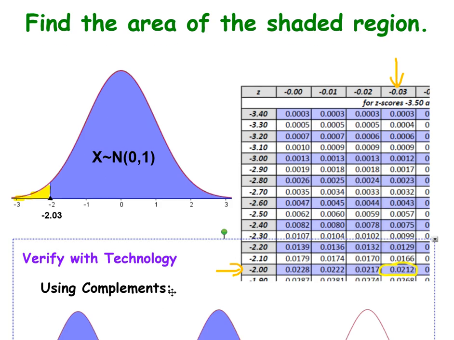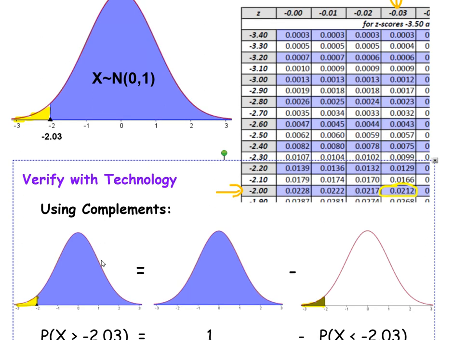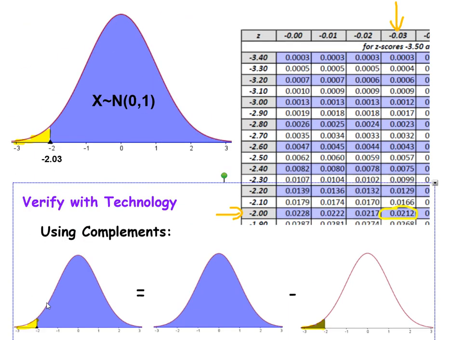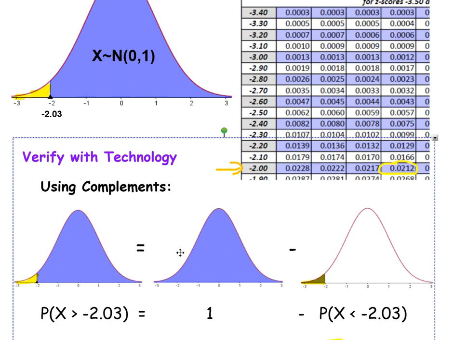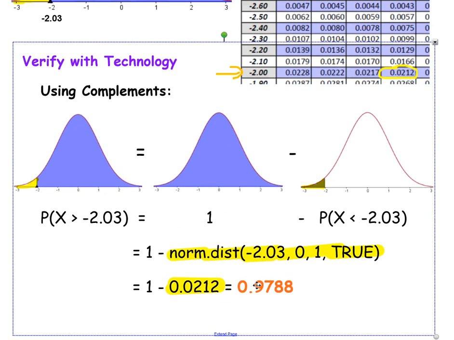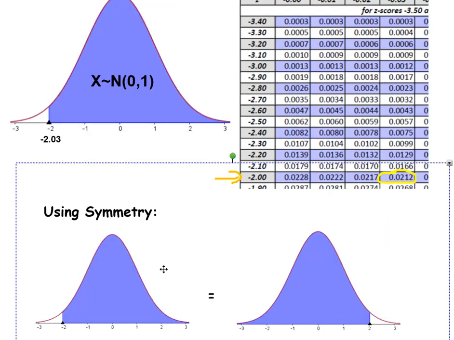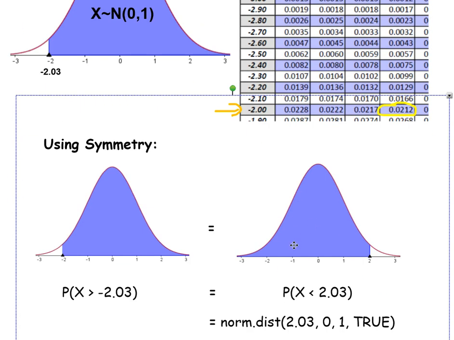Now, what about finding the area to the right? Well, we just saw that we could get that either by subtracting this little yellow tail away from the total area, and so we would get this answer, or we also saw that if we put in positive 2.03 and got the area to the left of that, it gave me the larger side.